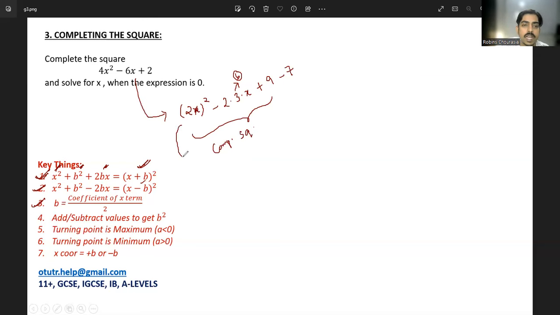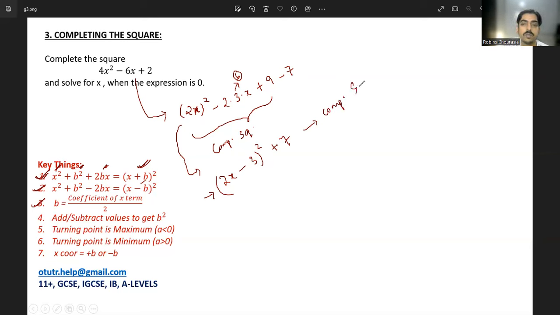From this, I get the square expression, which is (2x minus 3) whole square plus 7. Now, this is your square form. This is what they're asking. This is the completing square.